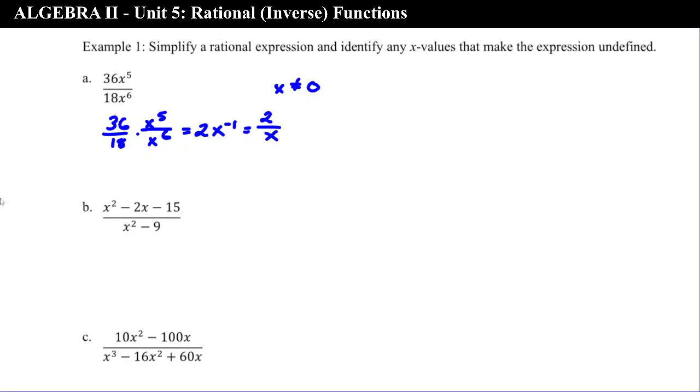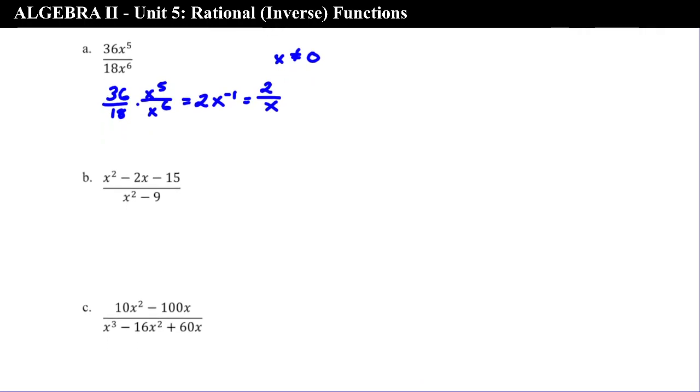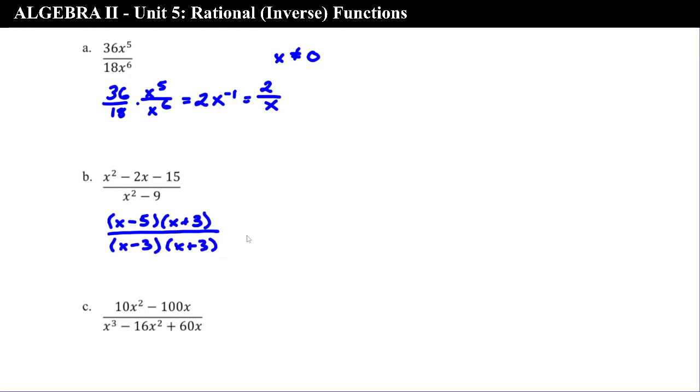All right, let's move on to b. So here, we're going to factor the top and the bottom. Okay, so the top will factor into x minus 5 times x plus 3. The bottom factors, it's a difference of squares, it will factor into x minus 3 times x plus 3. And we have x plus 3 in the top and bottom.